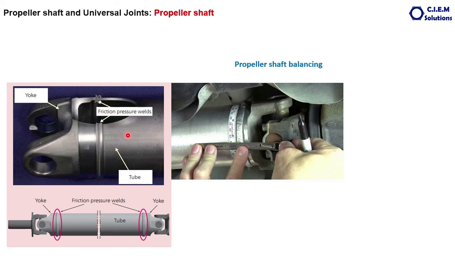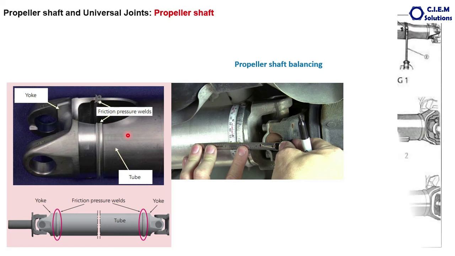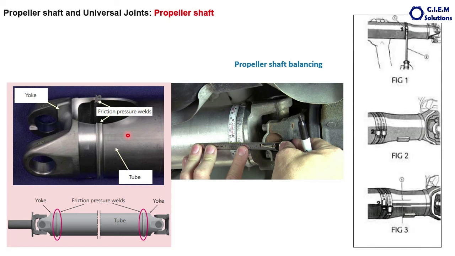Any shaft connecting two members, any rotational component connecting two members, should complete the dynamic balancing. The balancing will be done by adding weights at desired locations in the balancing machine, or in some cases by removing certain material. This will be done at the manufacturing stage.